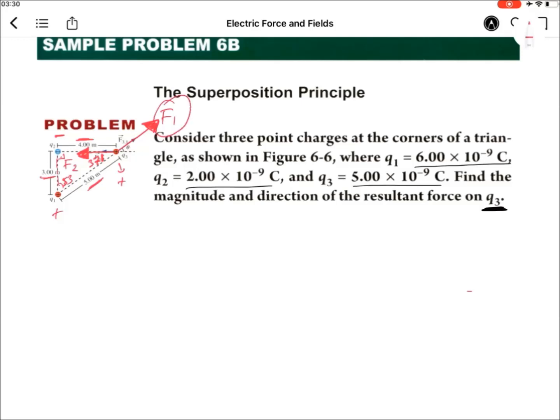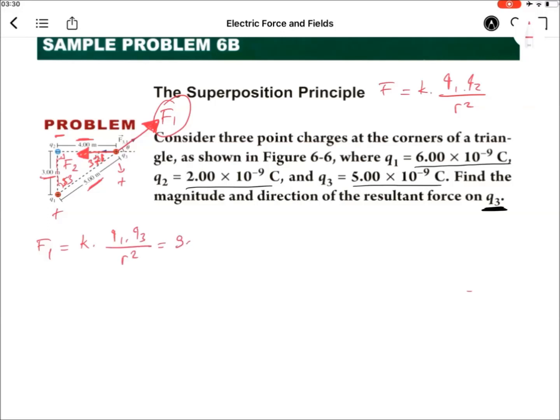So let's calculate the first one, F1. Which formula are we going to use here? Again, F equals K times Q1 times Q2 over R squared. For F1, that's equal to K times Q1 times Q3 over R squared.